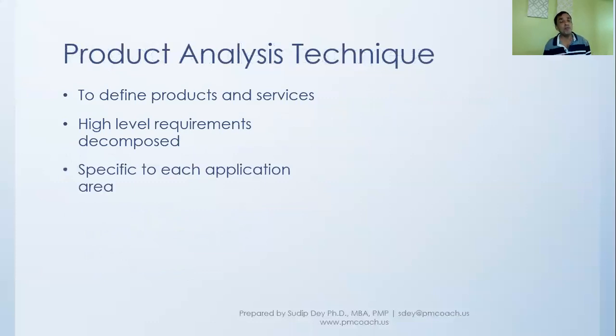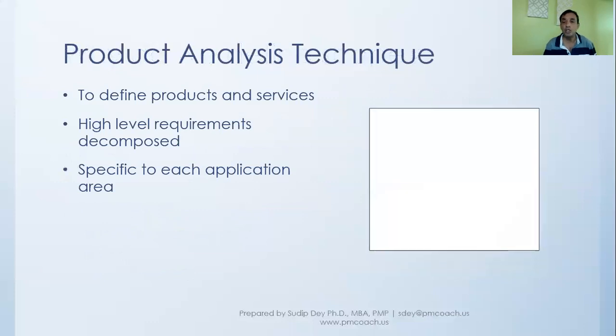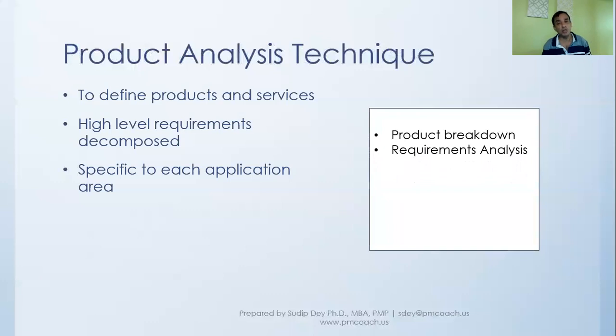The way we do product analysis will differ from application area to application area, as you can imagine. One way is product breakdown: you have a product and you break it down into different pieces, which helps us understand what the different components are.